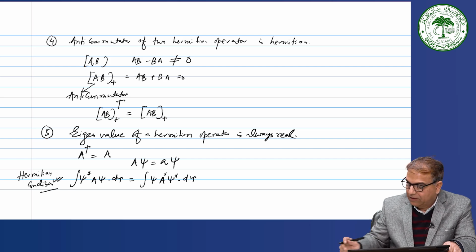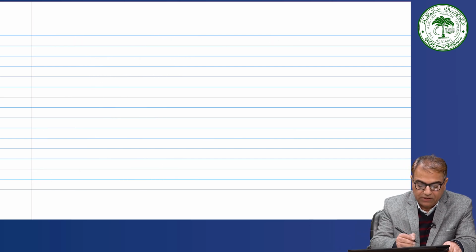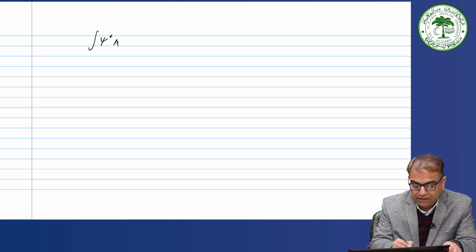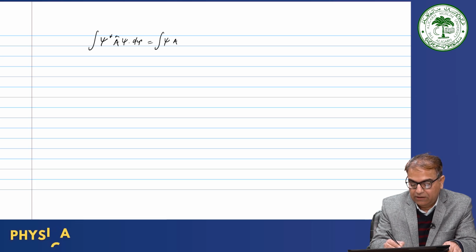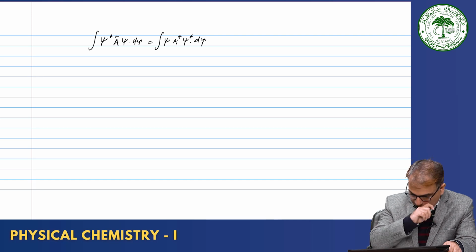So again, psi star A psi d tau becomes equal to A psi star psi d tau.